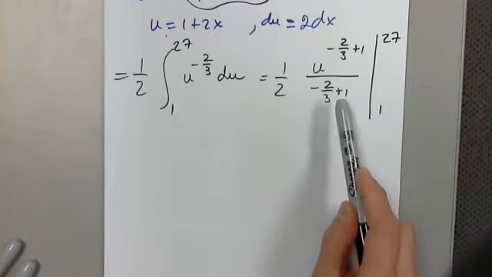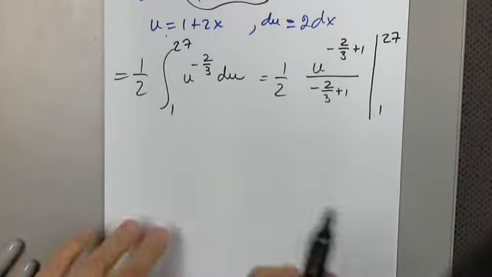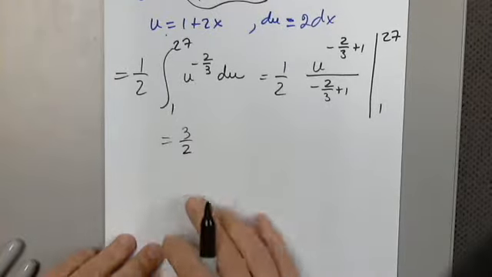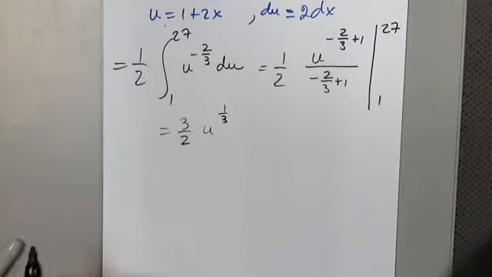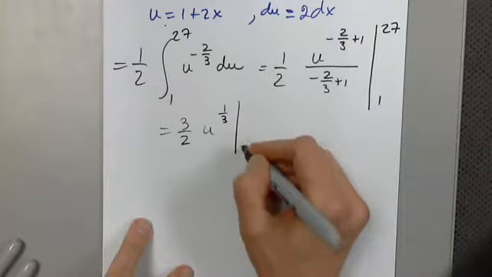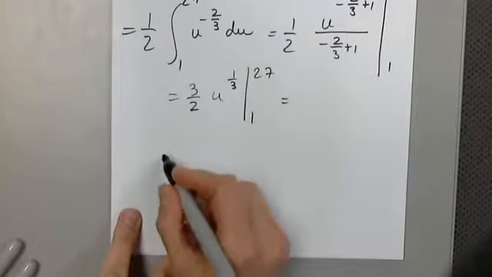Negative 2/3 plus 1 is 1/3, and I have to flip that. So in front we have 3/2. And this is u to 1/3, or the cube root, from 1 through 27.